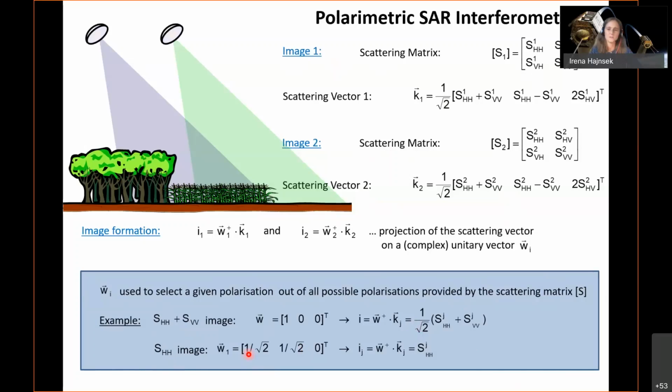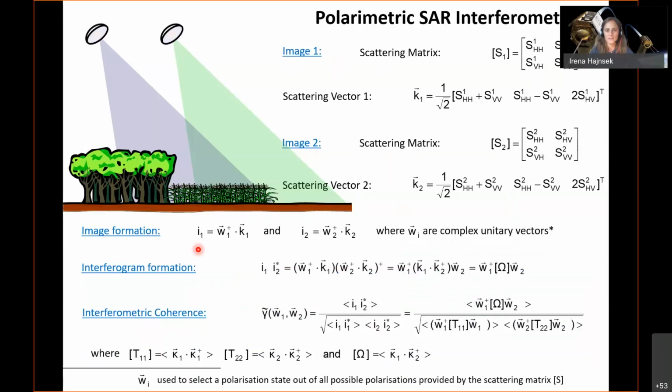So we have inclusion of H in the first element and in the second element. Another formation of the image would look like this. Again, W plus K would be just SHH. So this is how the image formation looks like.